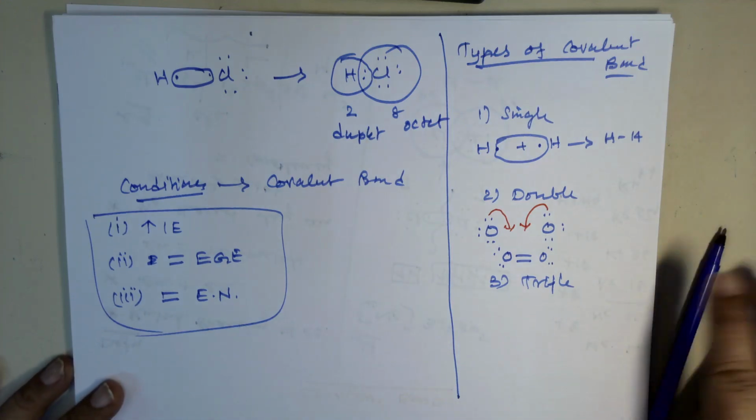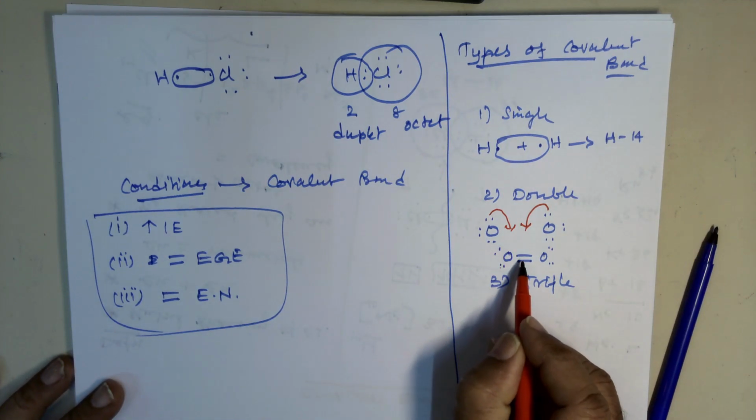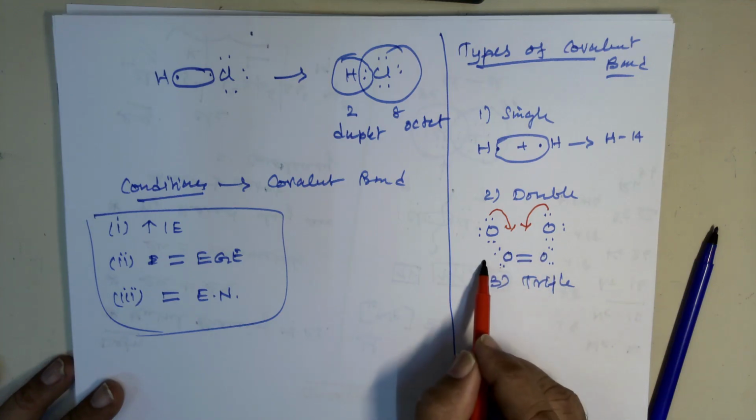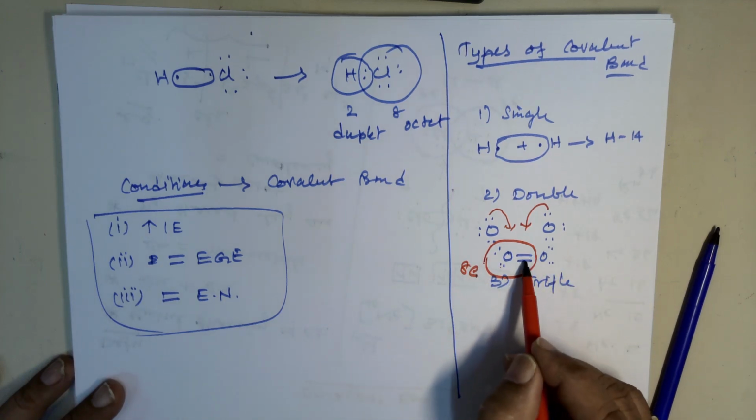Now you can check the number of electrons in each: 2, 4, 6, 8.